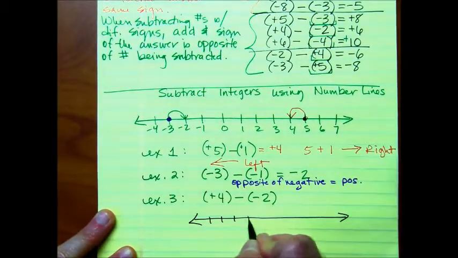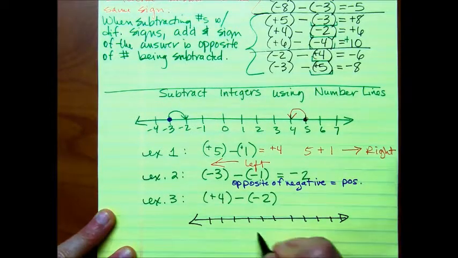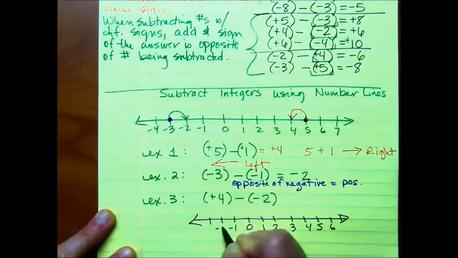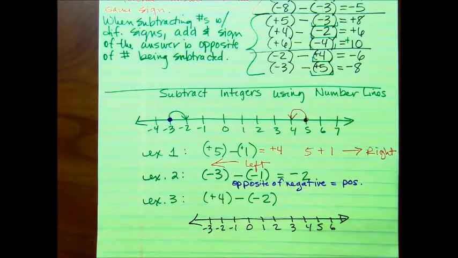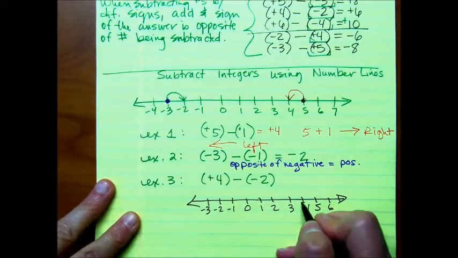So just draw some lines here. All right, so we'll go 0, 1, 2, 3, 4, 5, 6, negative 1, negative 2, negative 3. Okay, so we've got our new number line. Let's identify positive 4. That's going to be over here.